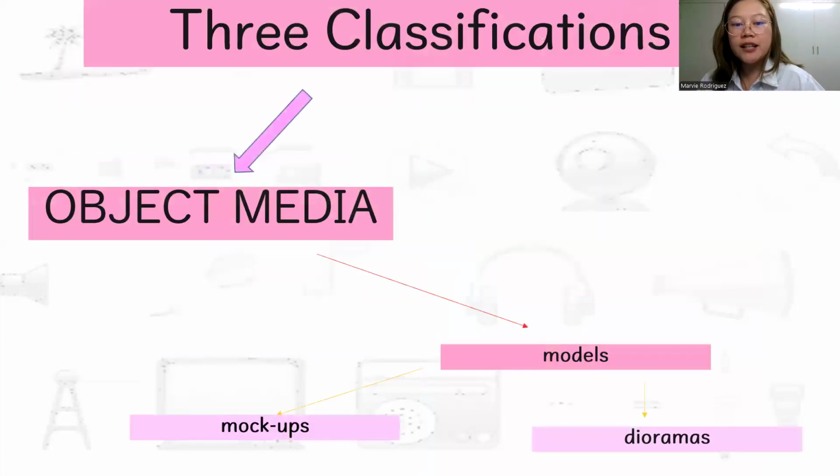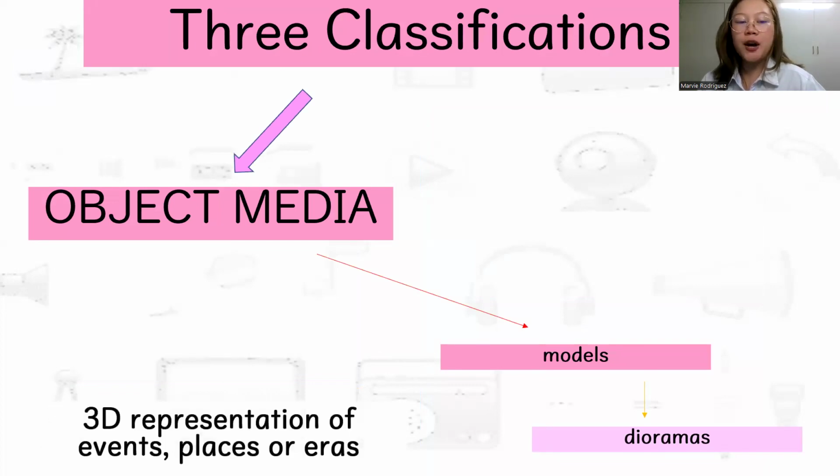Last one is diorama. A diorama is a 3D representation of events, places, and eras. So this is used to tell a story, especially. Personally, I would like to think it's like art plus nonfiction, like pop-ups.